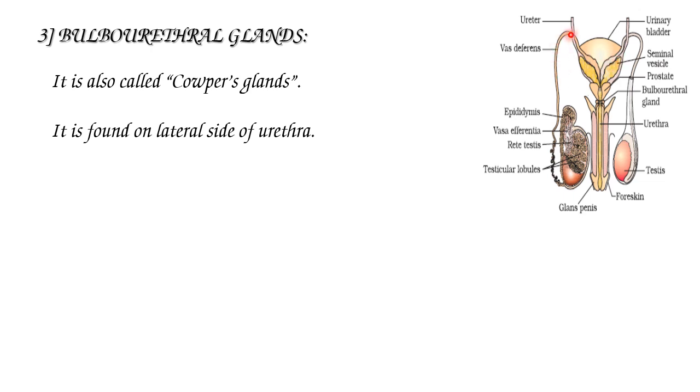So the vas deferens from the testis opens into the ejaculatory duct. On the lateral side, small round structures are present on either side of the urethra. These are Cowper's glands or bulbourethral glands.